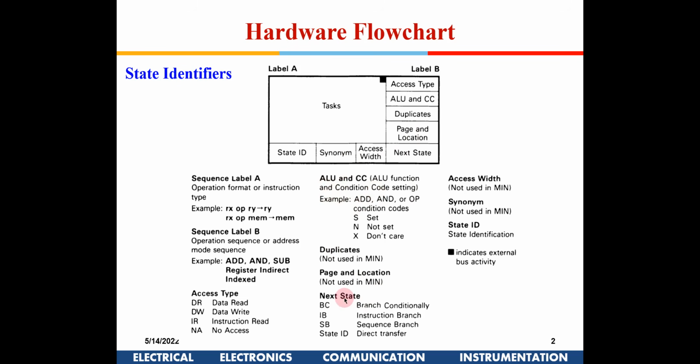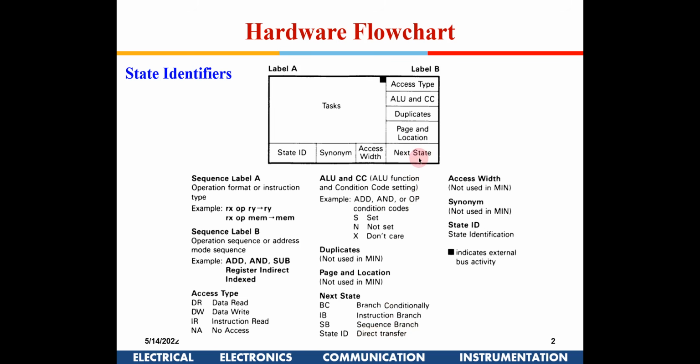And then coming to next state. If after this we are going to have a branching operation, then we write BC, branch conditionally. After this particular task, if we are going to go to the next instruction, we write instruction branch. If it is within the part of an instruction, then we write a sequence branch.